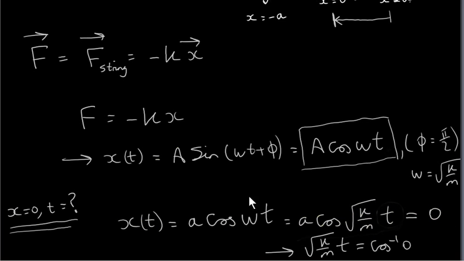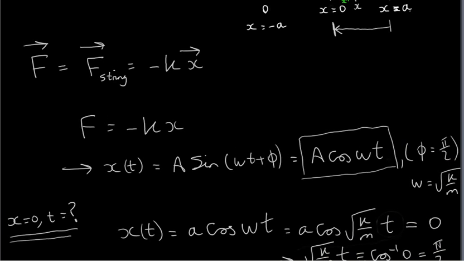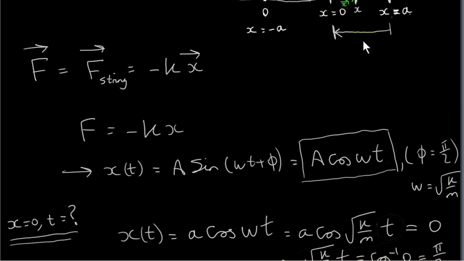To get root k over m times t, we get the inverse cos of 0. Now, the smallest value for the inverse cos of 0 is 90 degrees, or pi over 2 radians. So this is the smallest value. And that's what we're interested in, because we're interested in the smallest time for the mass to go from its initial position, x equals a, to its final position, x equals 0.